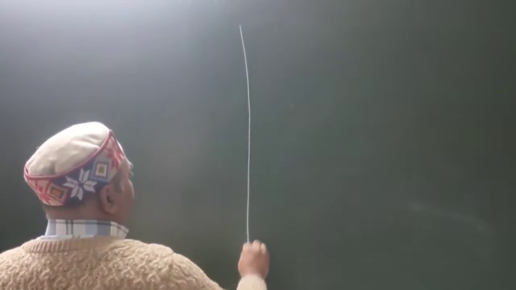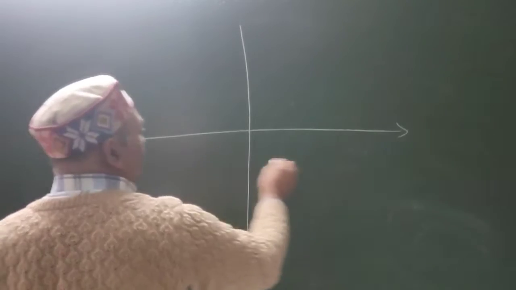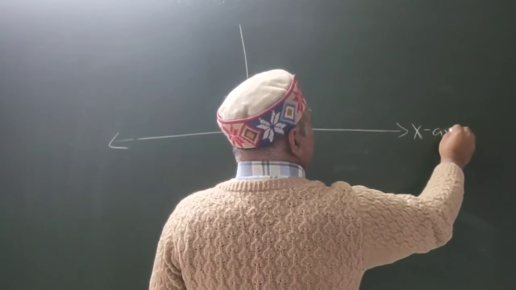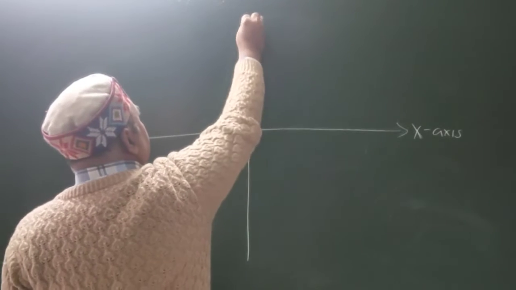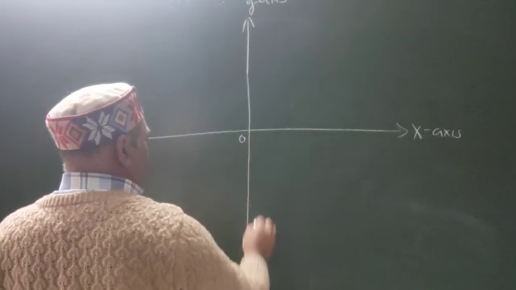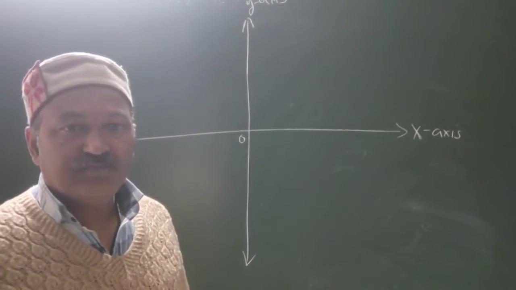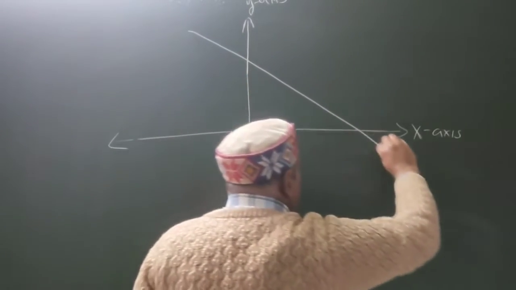In other words, let this is y-axis, this is x-axis, this is origin. Then in this case, let this is the straight line.